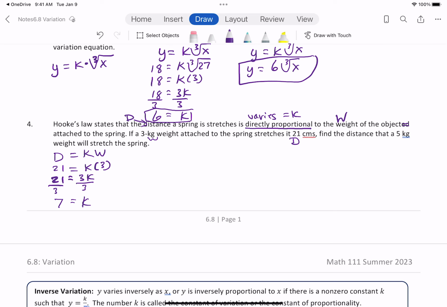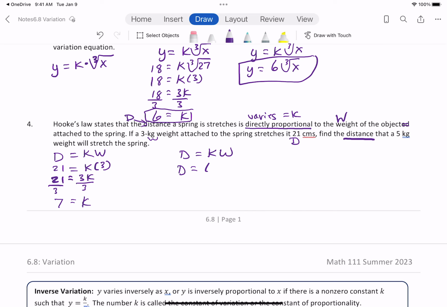Now that I know what that constant of variation is, I can find the distance for a spring that has any amount of weight hooked to it. So I'm going back to my original equation. We're going to find the distance, so we're looking for d.